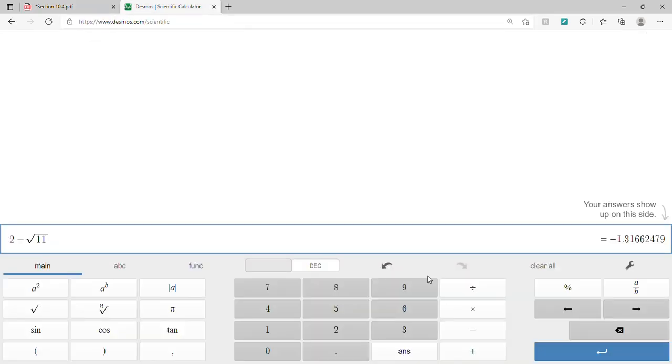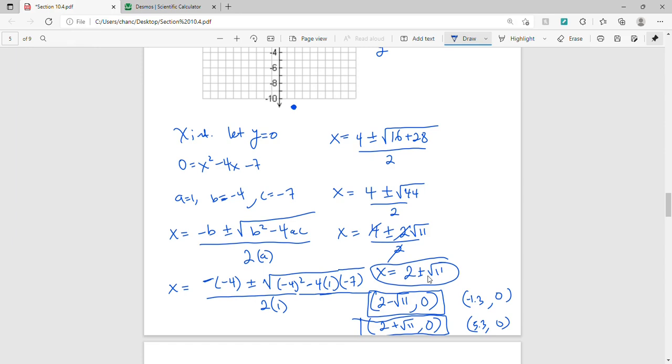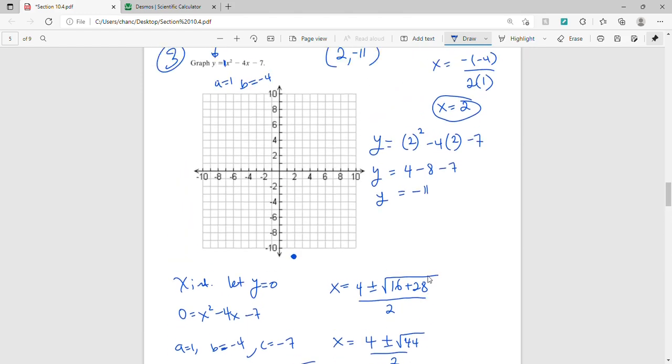Again, that's desmos.com/scientific. So we can approximate these points, negative 1.3 comma 0 and 5.3 comma 0. We don't have to be perfect. We'll just estimate.